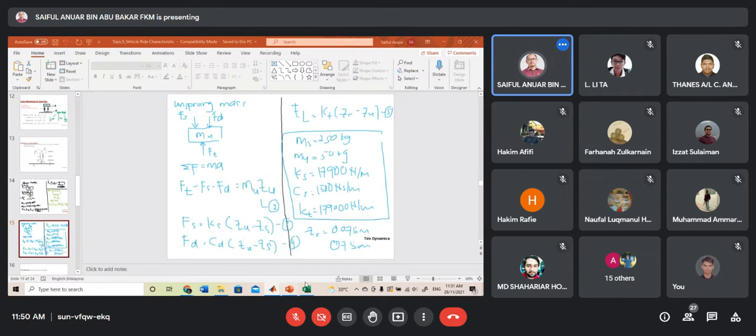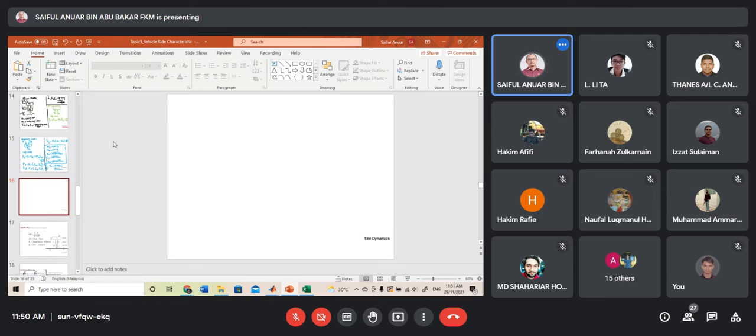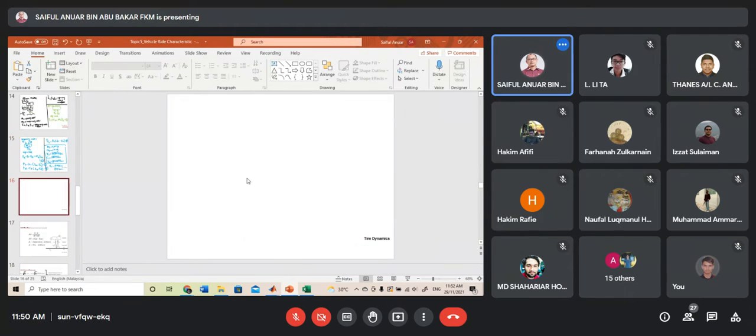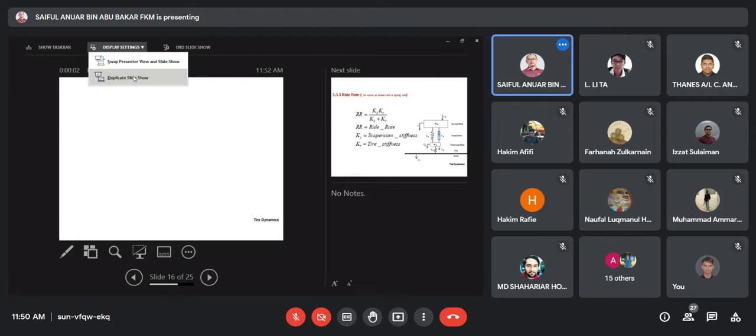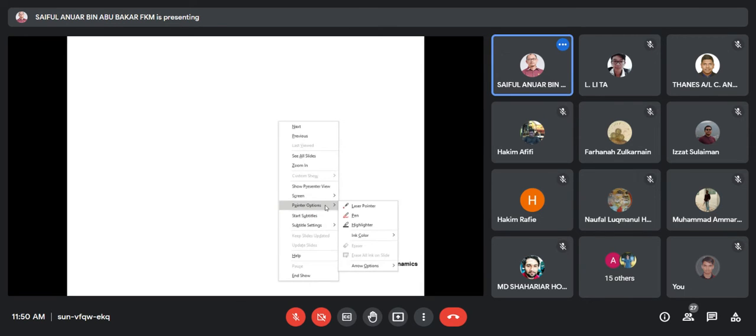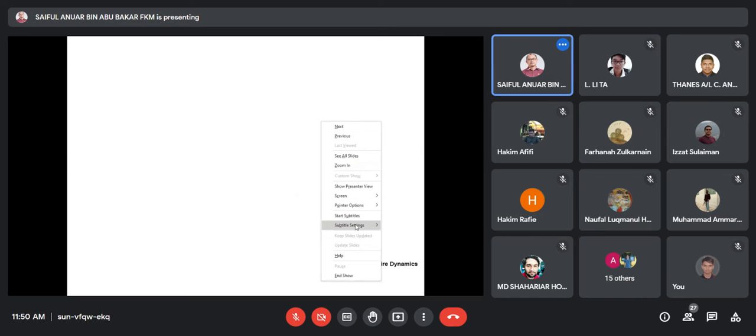Back in our slide, I'm going to show you the Simulink modeling for the first equation. For the first equation, we have the Simulink example.